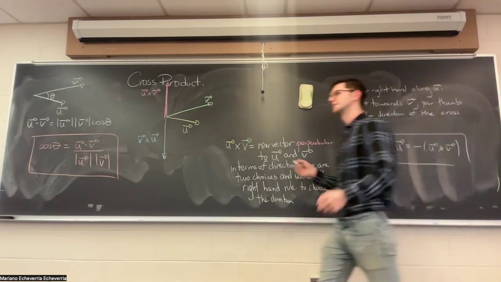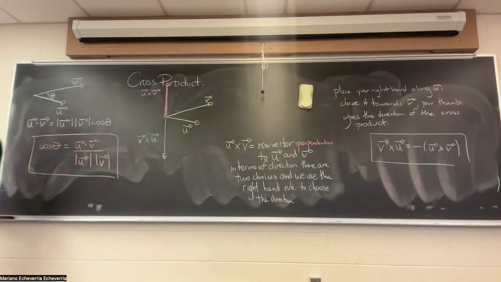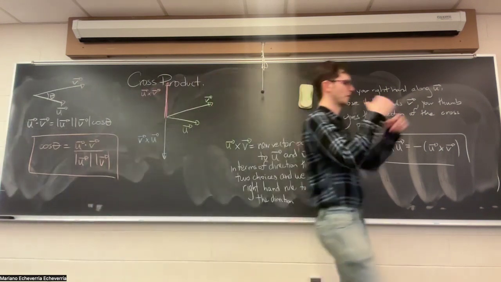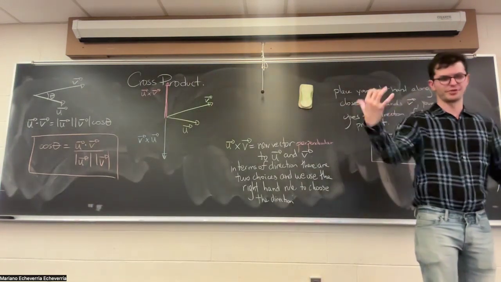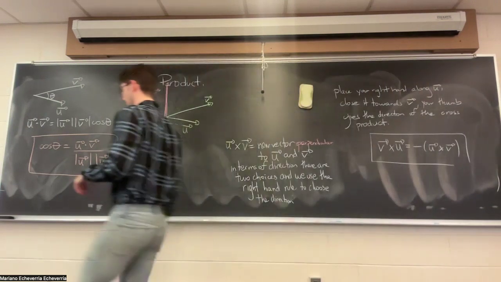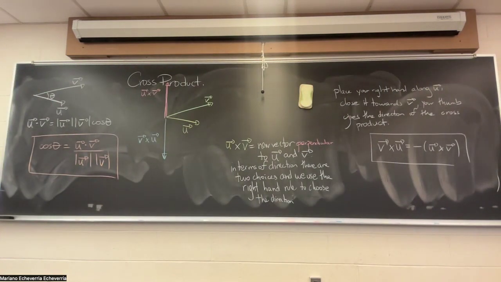So the order does matter, but there's still a relation between the two cross products: they're just pointing in opposite directions. This is maybe the first example of a type of multiplication where the order matters, unless you have seen matrices, which is another case where the order matters.